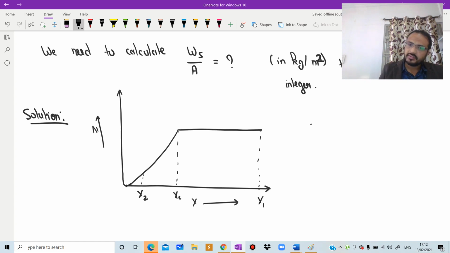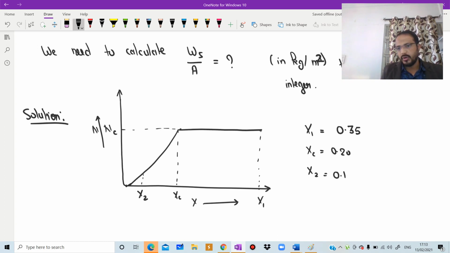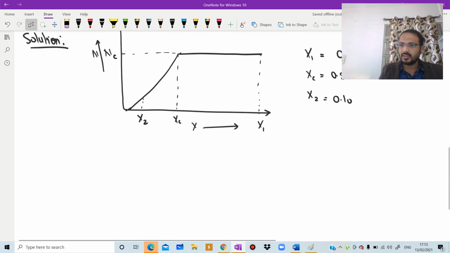Is it clear? We have the value of x1 is 0.35, this value is NC, the value of xc is 0.20, the value of x2 is equal to 0.10, and all these are given on dry basis. So we need to calculate the total time.